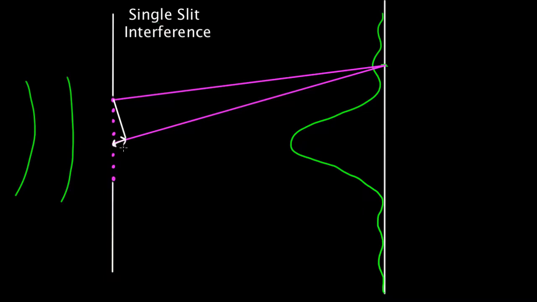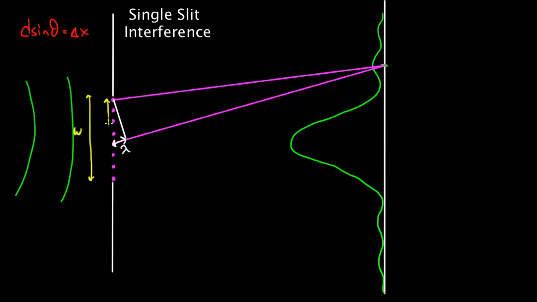It's got to be an integer wavelength. So one wavelength, two wavelength. Since this is the first one from the center, we'll just say that's one wavelength. What's the relationship? Well, remember the relationship for the path length difference and the theta, the angle that it's at, was just d sine theta. D is, well, the whole width of the hole is a w. So what width is this?